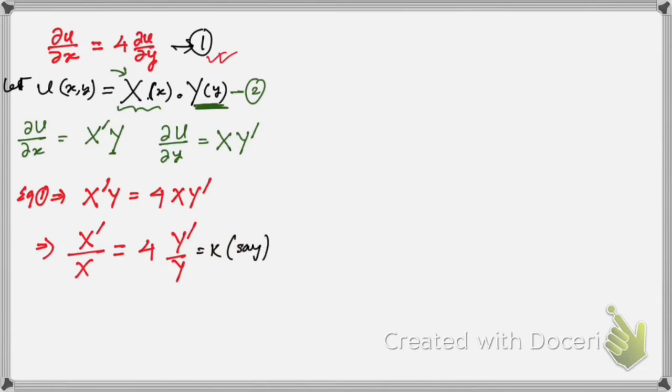Now you can equate this X dash by X is equal to k, as already we have discussed that this capital X dash is nothing but the derivative of capital X with respect to x.